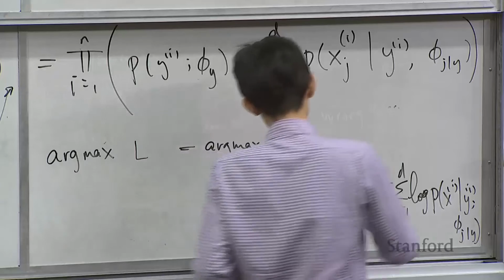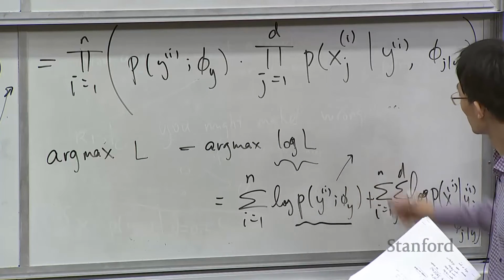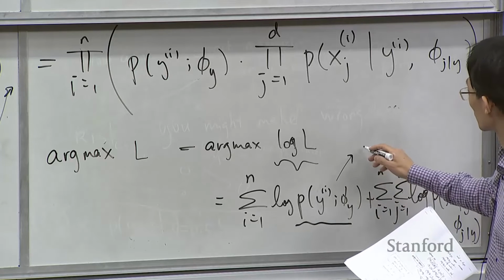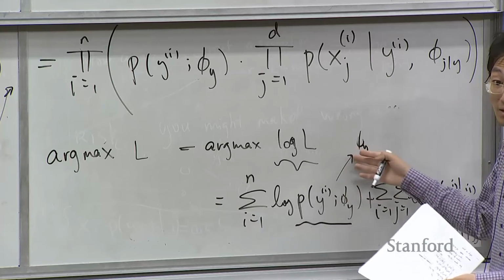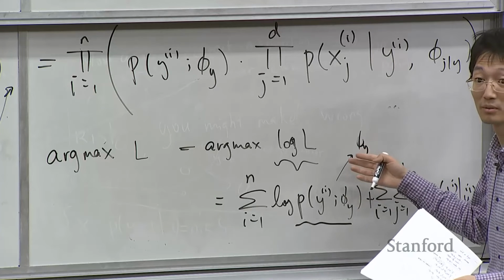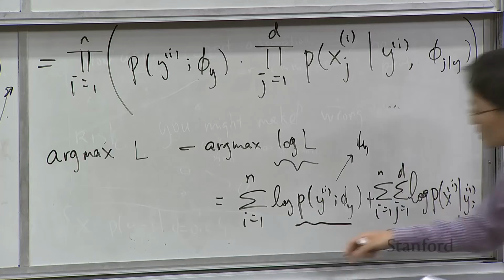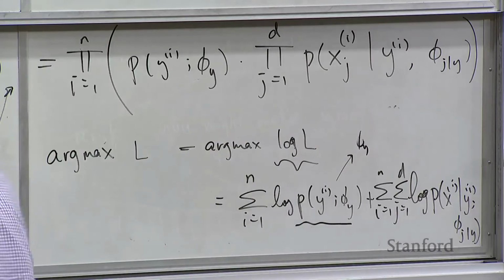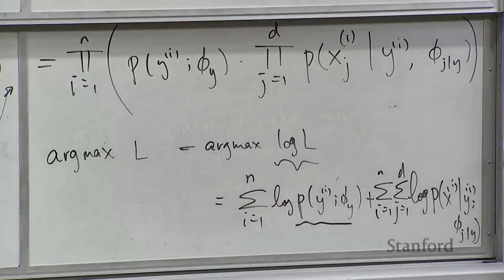For example, for this one, you know what this is. This equals phi y if y^(i) is 1, and 1 minus phi y if y is equal to 0. For each of these, you can write them as a formula of the data and the parameters, and then you do the maximum likelihood. So for the maximum likelihood, I'll also just tell you the solution.